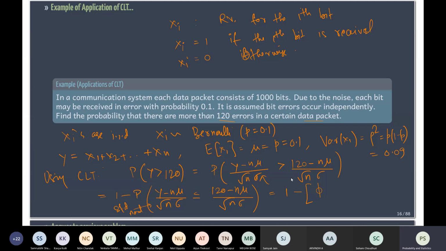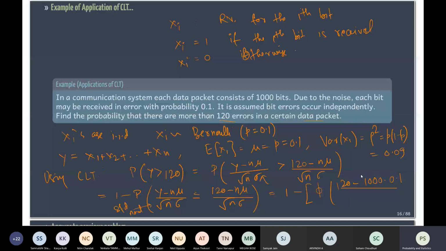So phi of (120 minus n mu) divided by square root of n sigma. Here mu is 0.1 and n was 1000, so it is 120 minus 1000 times 0.1, divided by square root of n, with n equal to 1000.